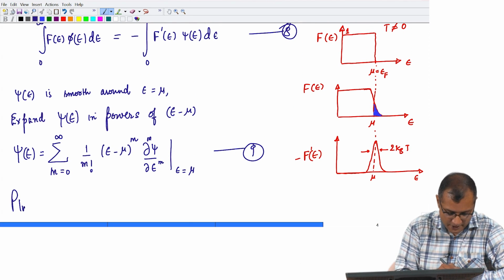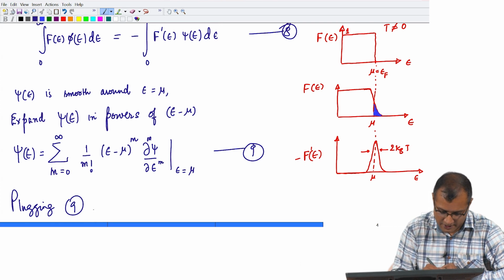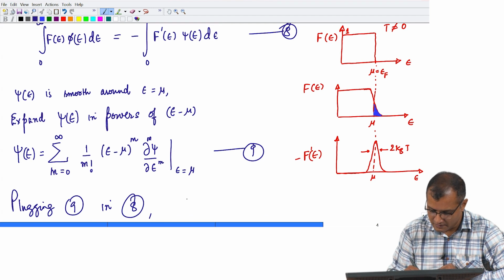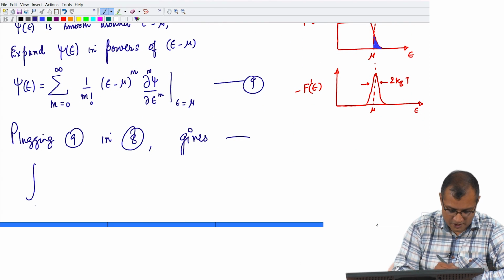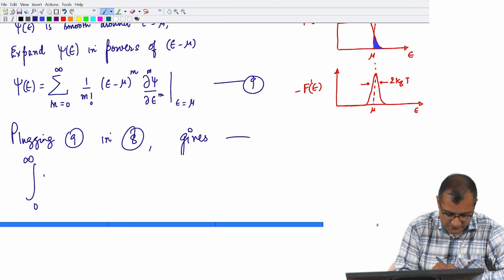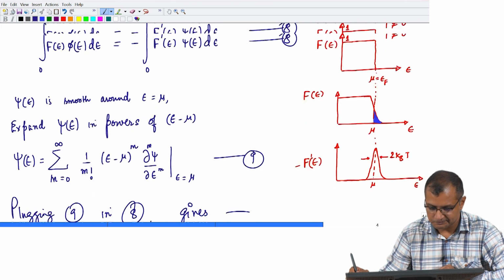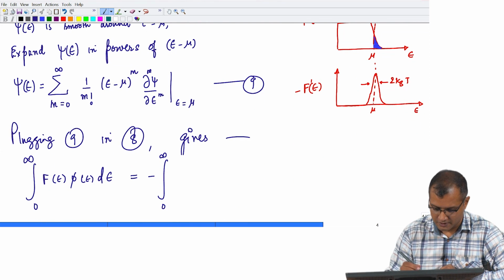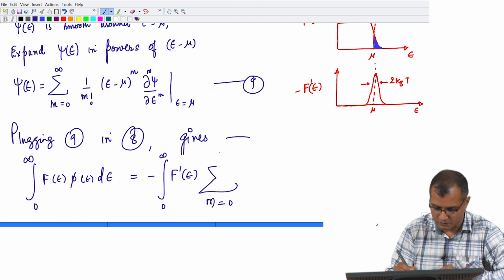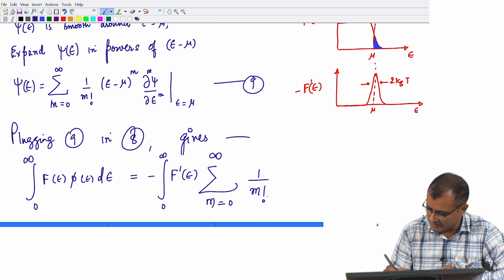So, you can see that plugging 9 in equation 8 gives us the integral that we are chasing, 0 to infinity f of E into phi of E, as the negative of the integral 0 to infinity f prime E into the summation m going from 0 to infinity 1 upon m factorial, E minus mu to the power m.